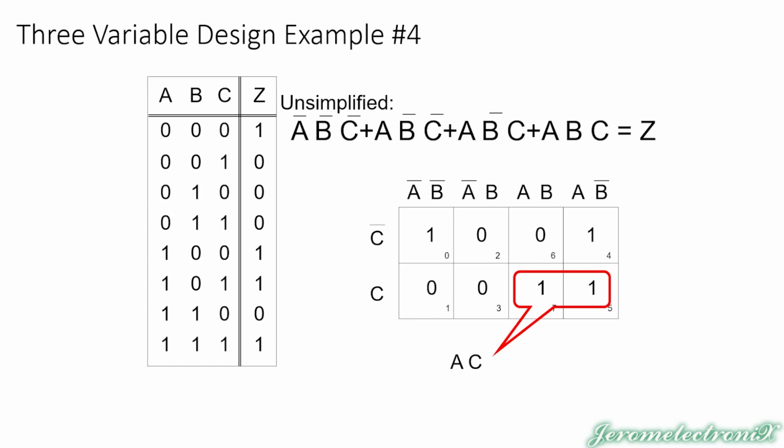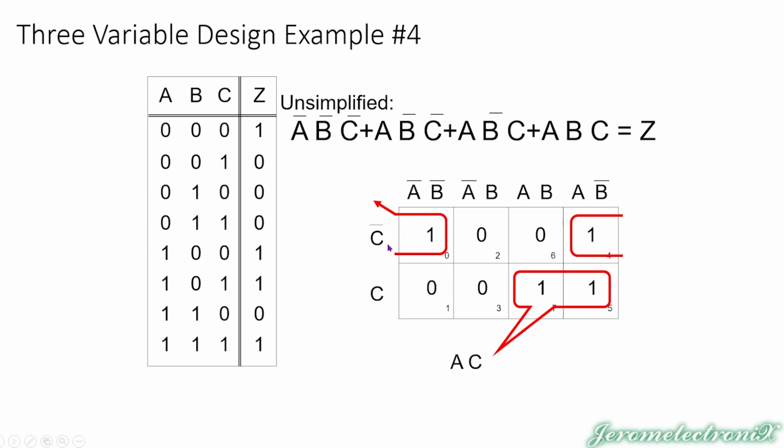What do we do about the top row? Well, hopefully you remember that implications can wrap across, and so considering these two, you kind of look above first, A, not B. Here we have not A, B. It looks like the A's are going to cancel out.